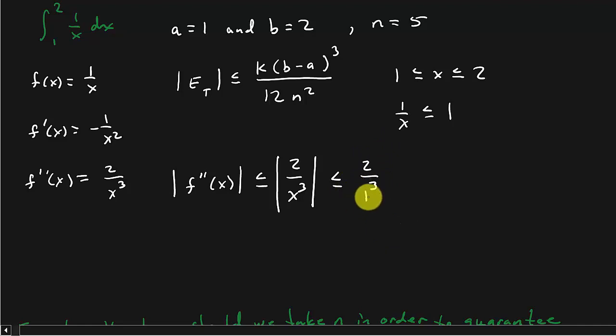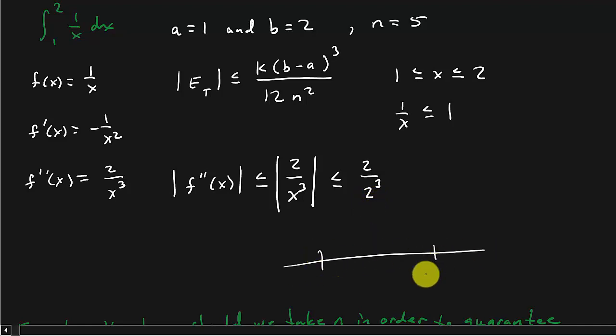Let's suppose I put 2 here, 2 cubed, and plugged that in for x. Is that a true statement? No, that's not a true statement, because that would be 2 over 8, which is 1/4.